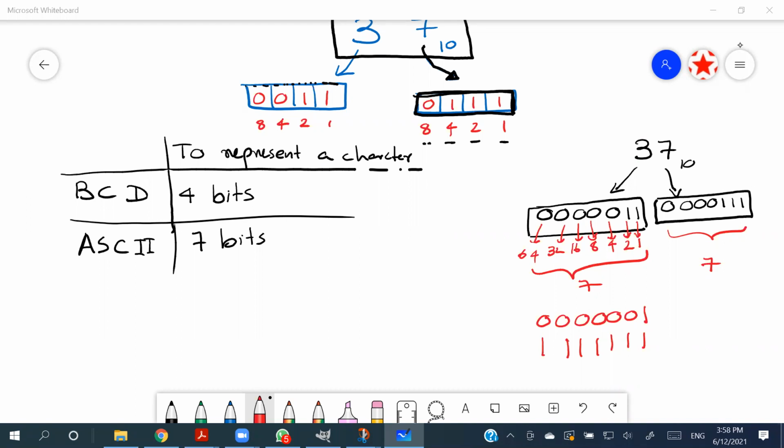So what they have to do is extend this particular code.